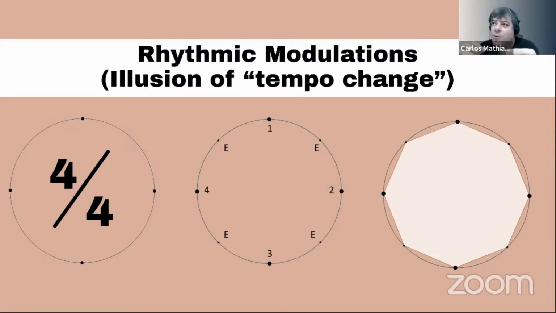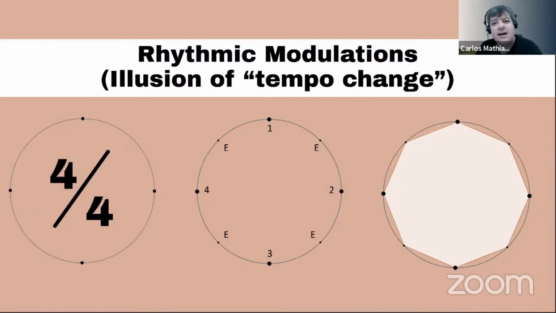What I mean by rhythmic modulation is an illusion where the listener is going along, surfing the music, and suddenly he gets the impression that the tempo of the song has changed. Like, what happened?